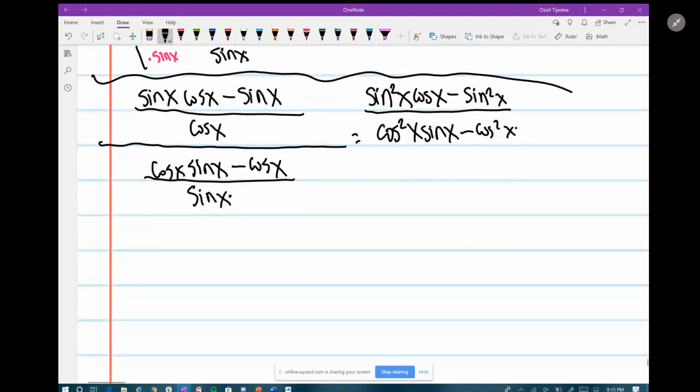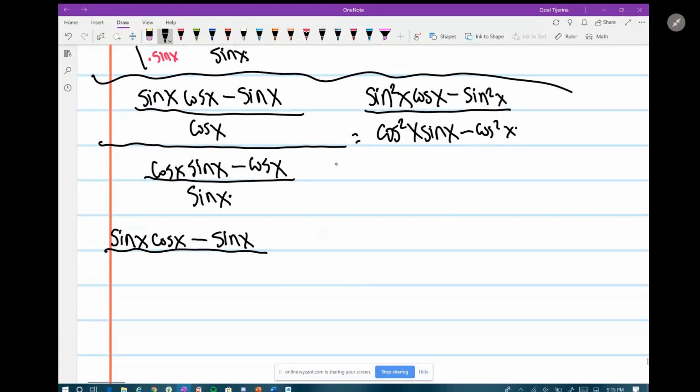So now we can go ahead and simplify this a little bit more. Do not let the lines confuse you. You can rewrite it as a division of two fractions.